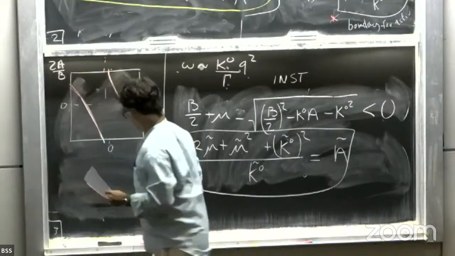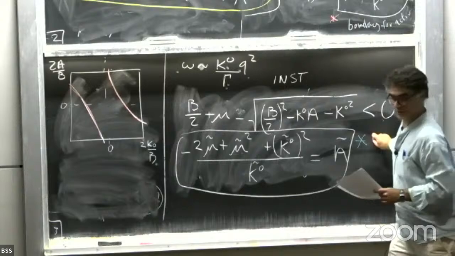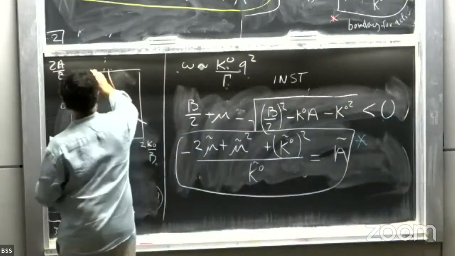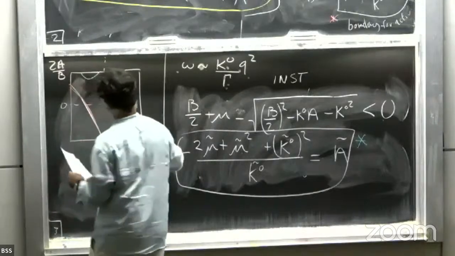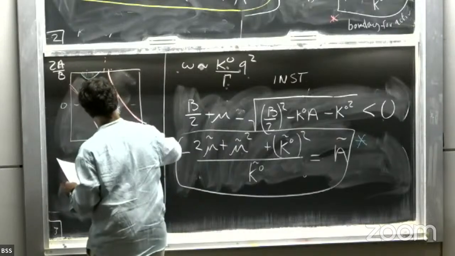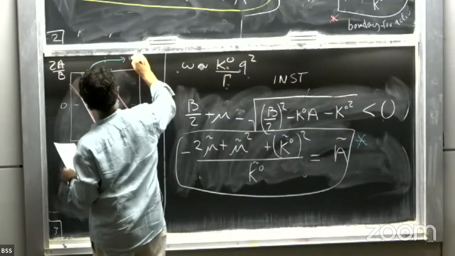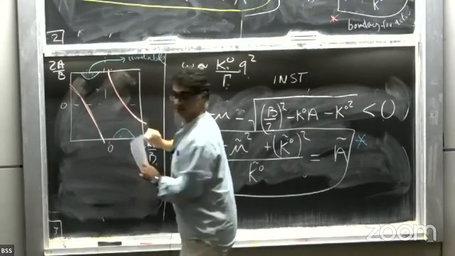Zero, yeah. And then using this other condition, you can plot another line that is here and roughly here. So this region is unstable. So is this.